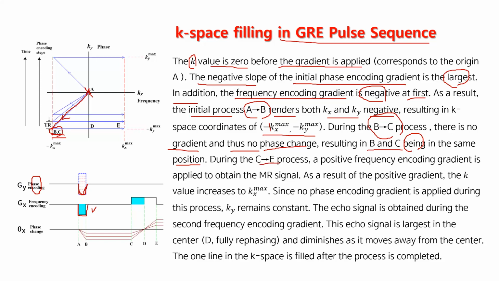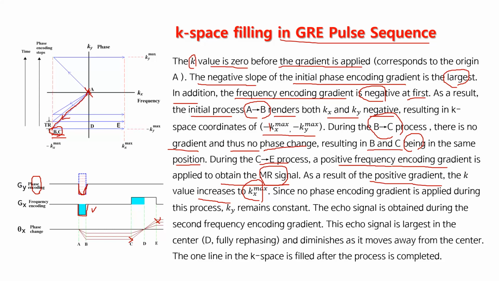During the C to E process, a positive frequency encoding gradient is applied to obtain the MR signal. As a result of the positive gradient, the K values increase to Kx maximum.